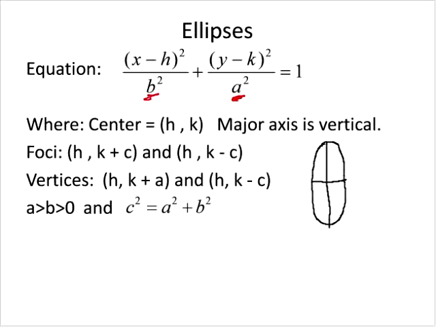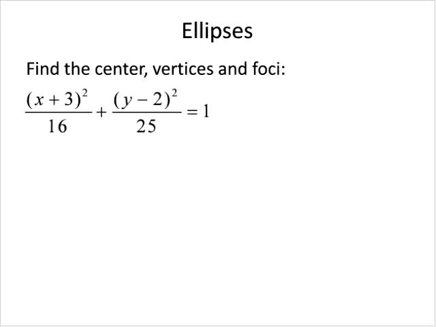Let's work an example. So here we go. We've got the same thing. We need to find the center, vertices, and foci. Now keep in mind the larger number is under the y squared, so it's going to go up and down. But I'm going to do essentially the same thing. I'm going to identify all my numbers.